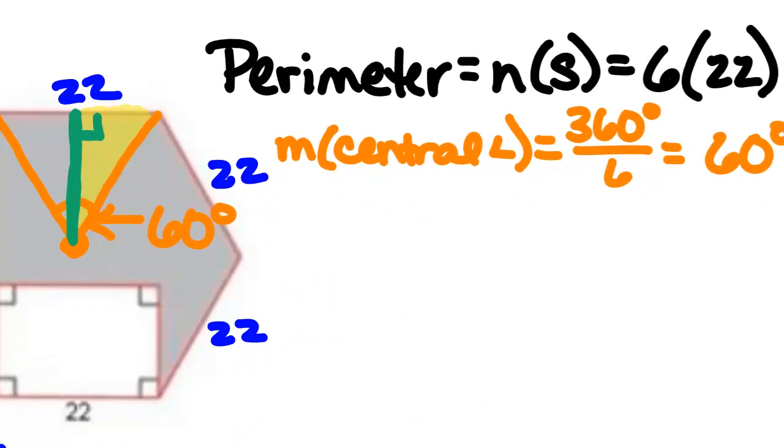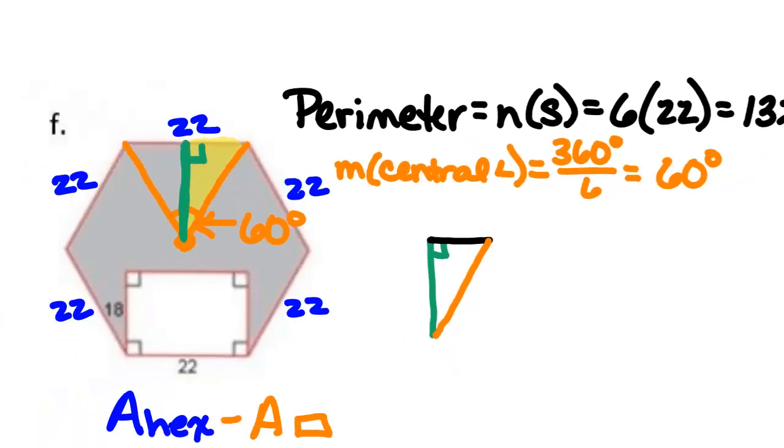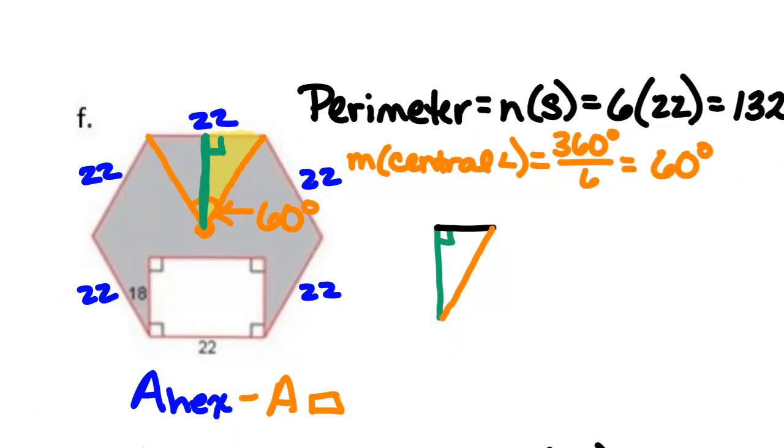All right, so I'm going to redraw that little yellow shaded triangle here off to the side. So here's my apothem. It's making a right angle with half of the side of my hexagon. And then we have this radius right here. What is the apothem doing to this central angle? Cutting it in half. Well, what's half of 60? 30 degrees.